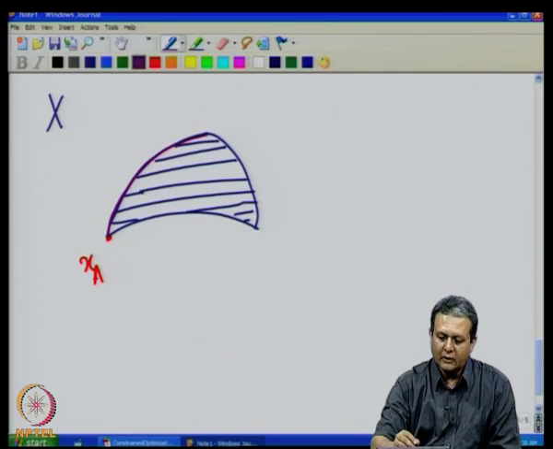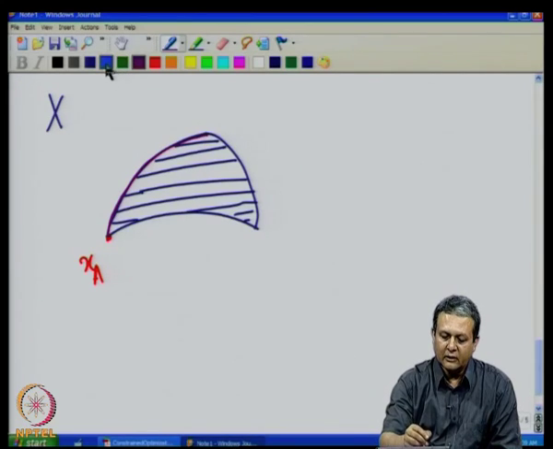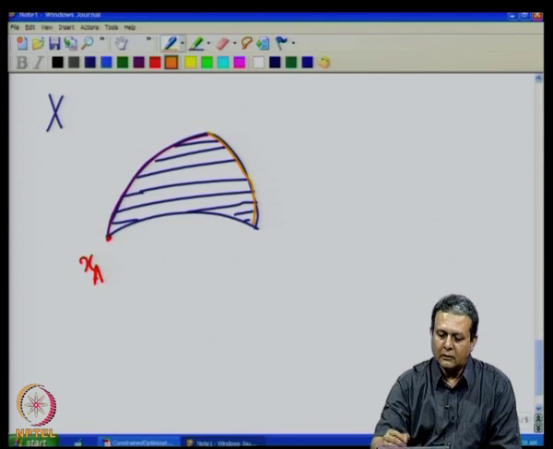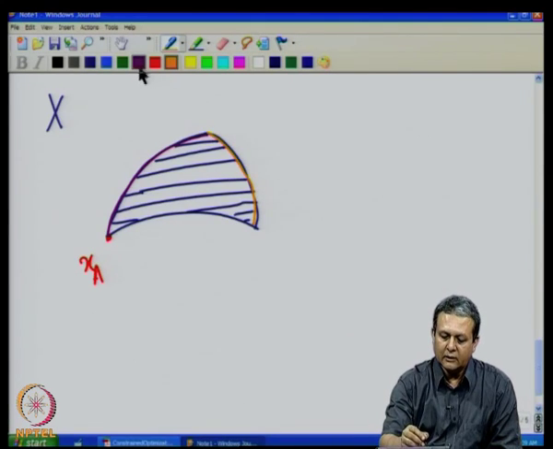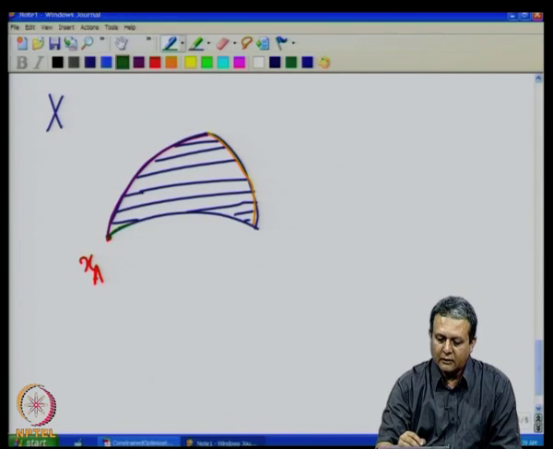One inequality is denoted using this, the other is denoted using this, and then the third one is denoted using the green color.